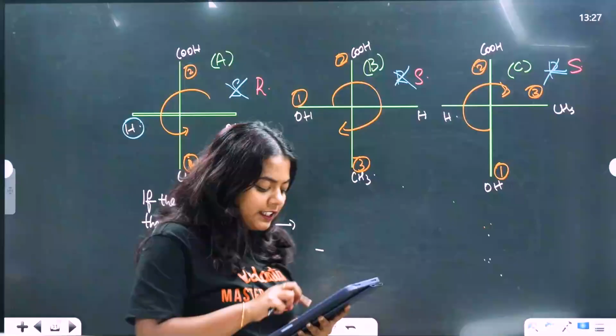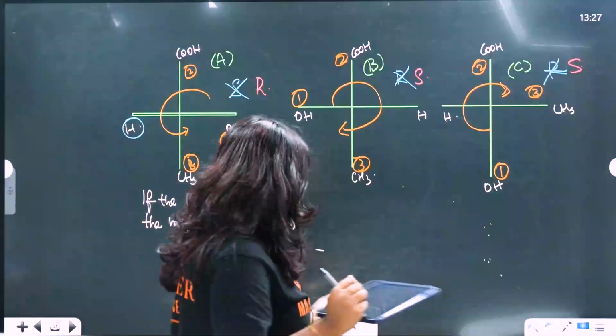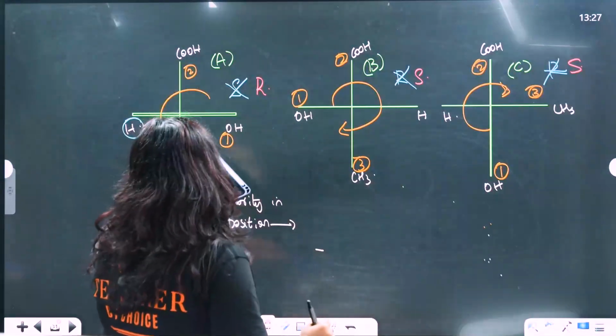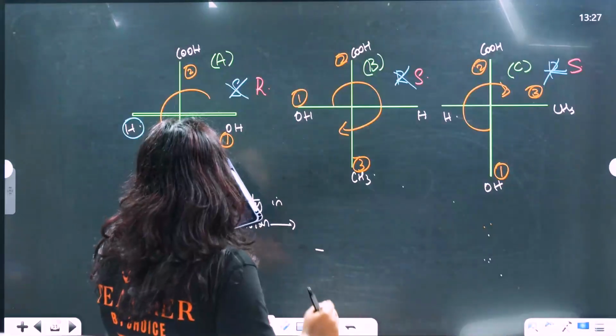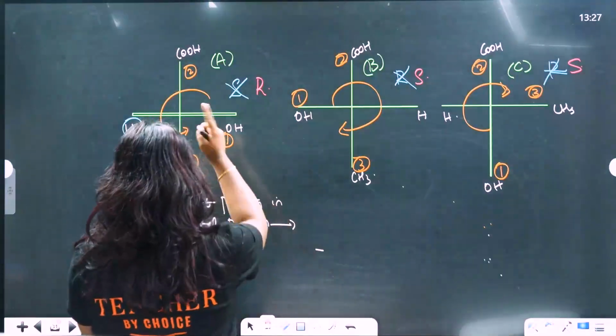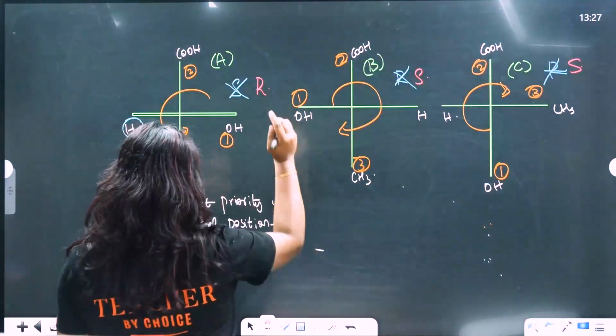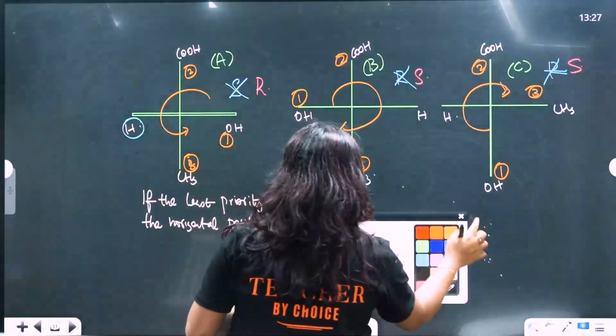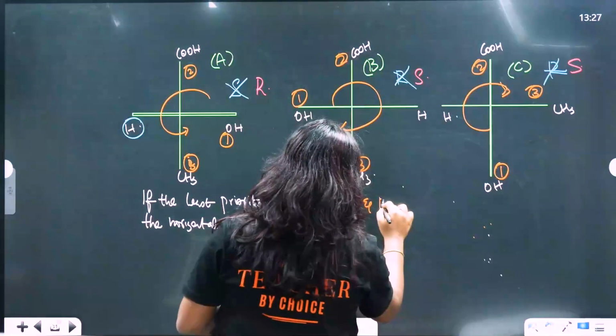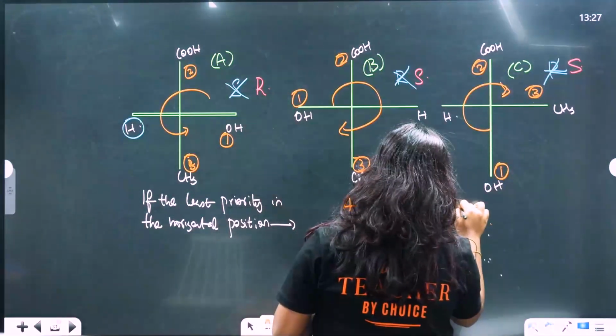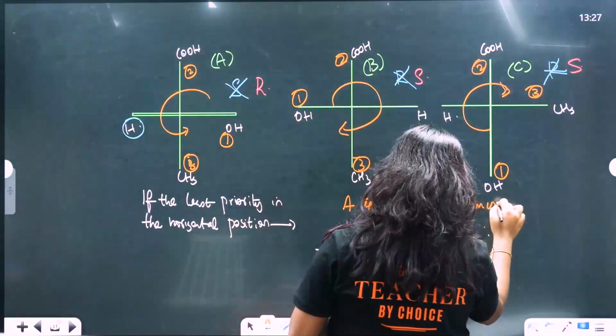Now ma'am இதுல வந்து enantiomers எப்படி மேம் கண்டுபிடிக்கிறதுன்னு கேட்டீங்கன்னா, listen carefully everyone. இதுல இருக்கிற A and B are சொல்றது only A and B are the enantiomers. See, listen carefully. A and B enantiomers.